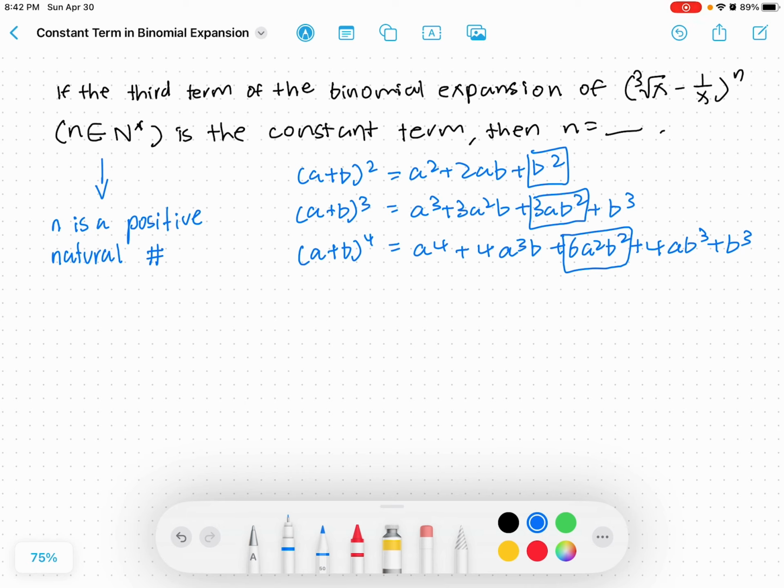So now that we know what the pattern is, let's get into the actual problem. Well, we know that from this problem, cube root of x to some power multiplied by 1 over x to some power will equal a constant.